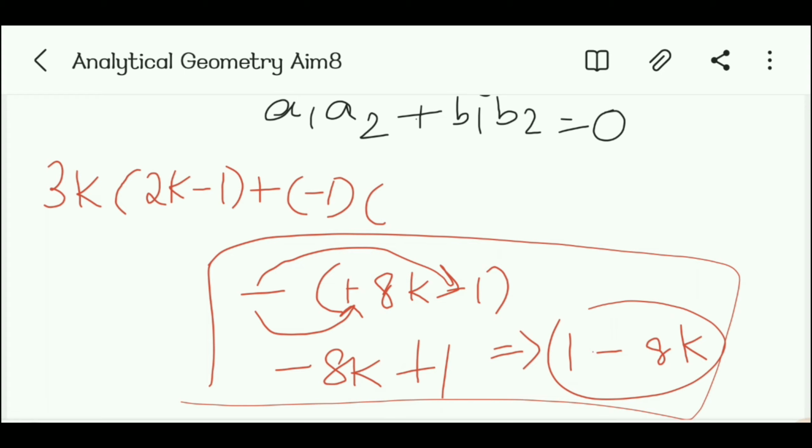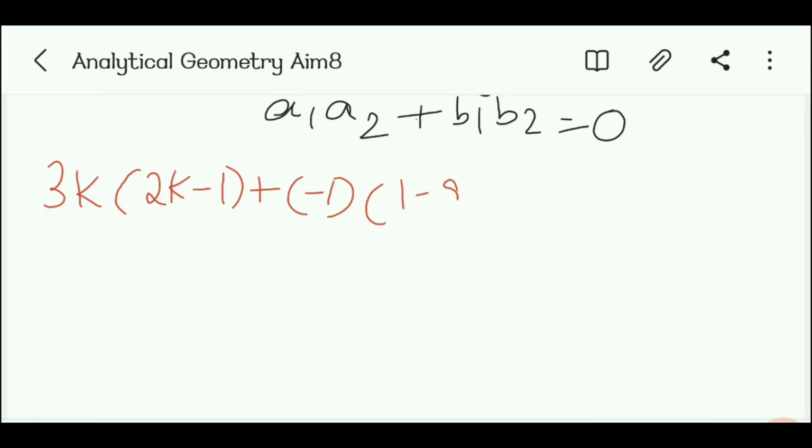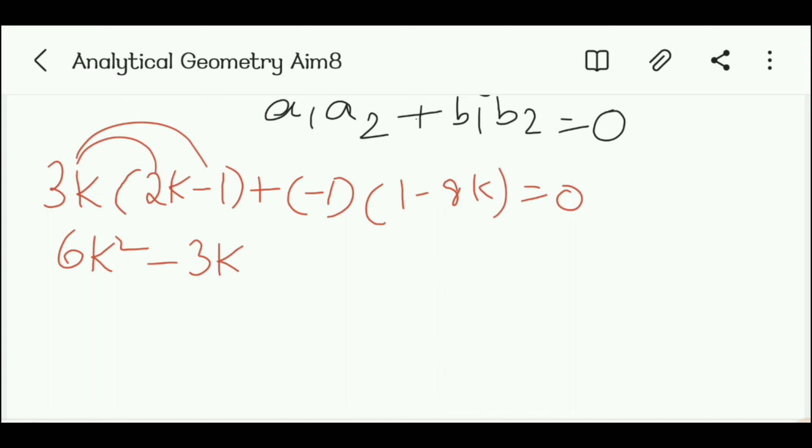Okay, now just put that 1 minus 8k is equal to 0. Clear? Now what shall we do? 3k into 2k, 6k square. Now 3k into minus 1, minus 3k. Here minus 1 into plus 1, it is going to be minus 1. Minus 1 into minus 8k, plus 8k is equal to 0.